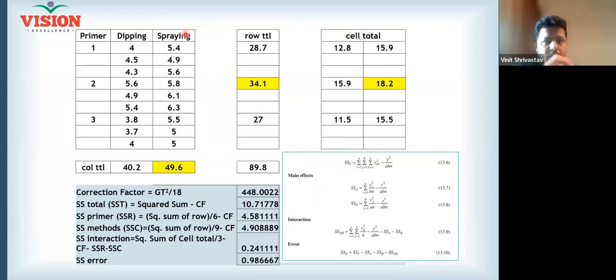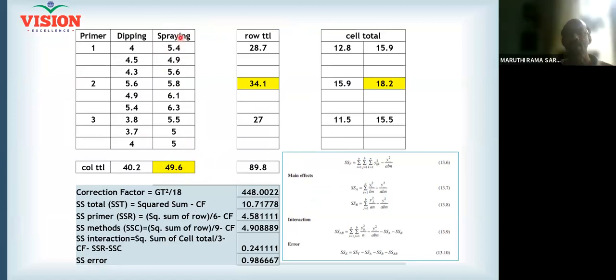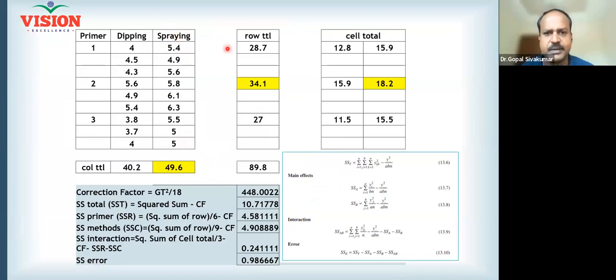Sum of the second column, adding all the numbers under the heading spraying. Now this number 28.7 is nothing but the sum of these 6 numbers. Similarly, the sum of these 6 numbers is this. Column-wise total, row-wise total. That's why they are known as column total and row total.